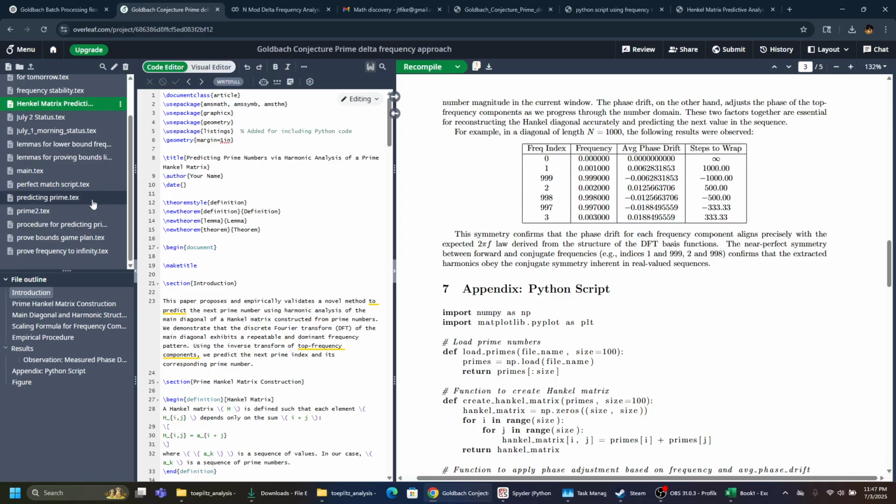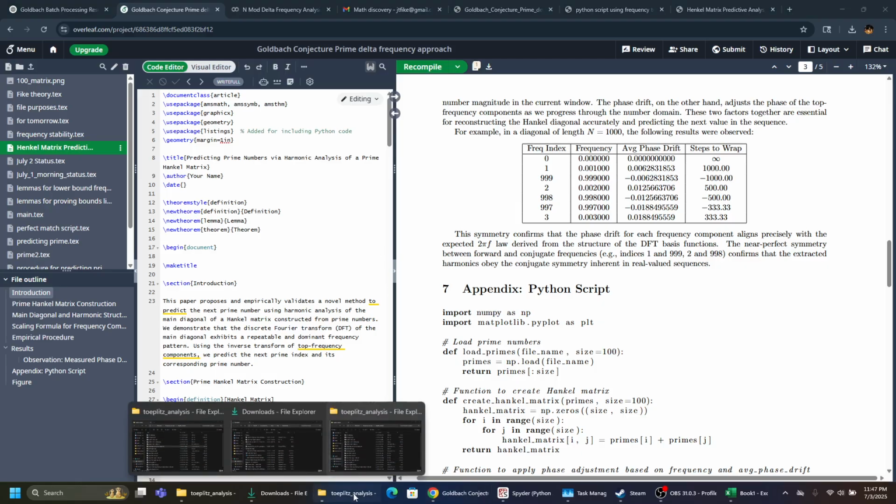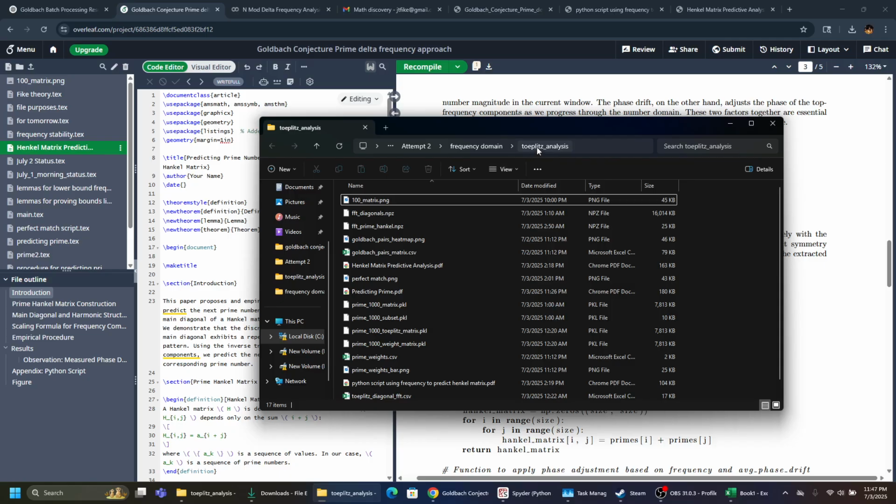Now, with that said, I thought it was a Toeplitz matrix, but it's a Hankel matrix. So sometimes you'll see certain names and you'll say, hey, that says Toeplitz, but it's a Hankel. This is just because I'm not a mathematician and I sometimes don't know what I'm talking about, but trust me, I do know what I'm talking about.